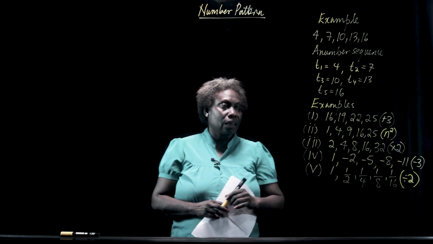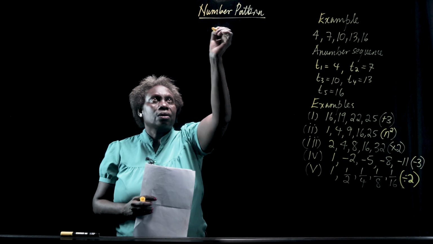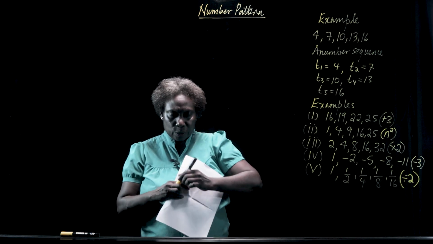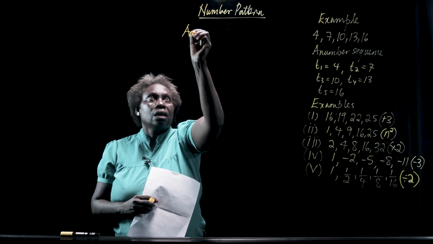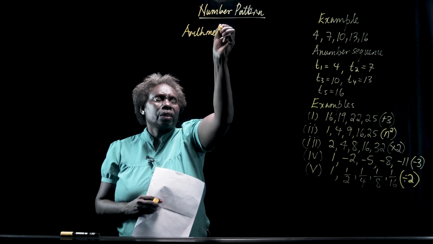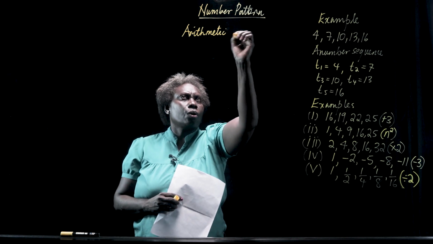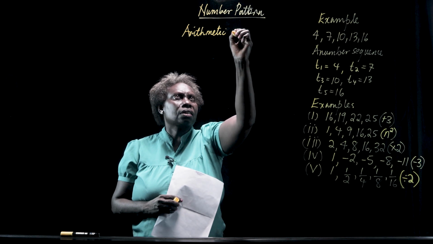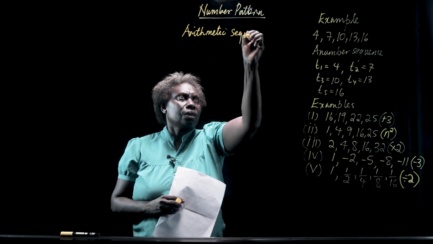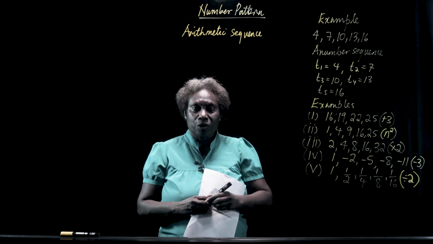Let's look at the arithmetic sequence. With an arithmetic sequence, the number that is added or subtracted, which we call the common difference, is a fixed number. That is the difference between the arithmetic sequence and the geometric sequence.